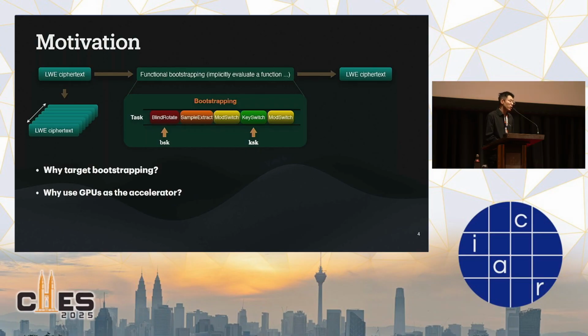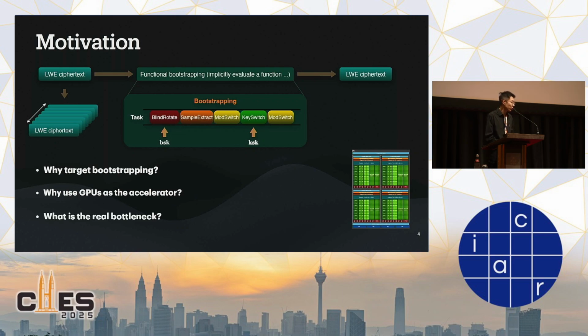And I think GPU's SIMT architecture is also very suitable for accelerating linear operations or polynomial operations. So we choose GPU as the accelerator. You can see in the figure an overview of the GPU architecture, and it consists of many streaming multiprocessors, which is very useful to do all types of calculations, including both floating point operations and integer operations.